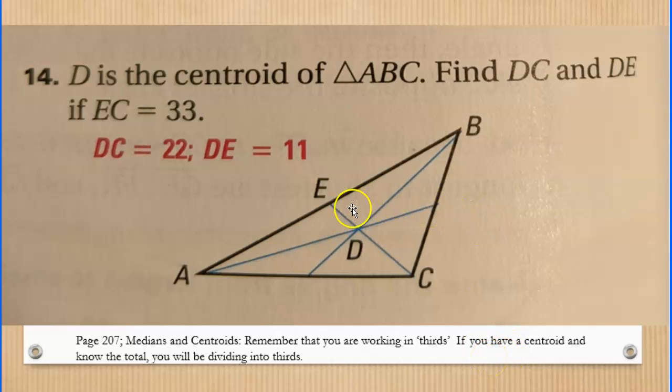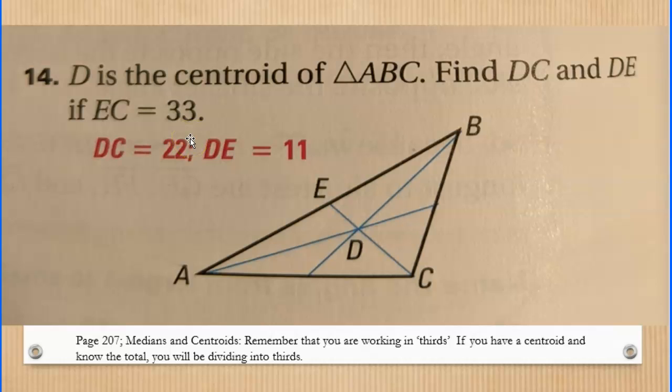And you can always eyeball which one is the 2/3 and which one is the third. So they give us a total here. They say that EC, right here, the total line, is 33. They want us to find DC and DE. Now you could look and tell which one is the bigger one. That's going to be the 2/3. So DC is going to be 2/3 of 33.